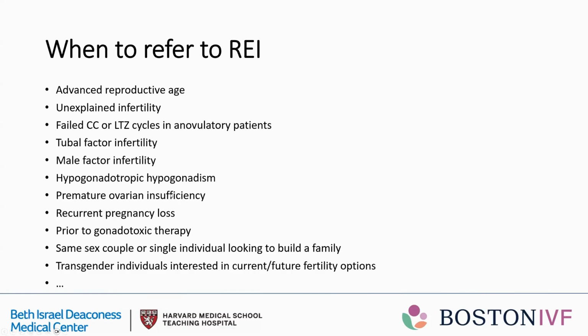Patients with premature ovarian insufficiency, depending where they are, could benefit from donor egg. Patients with recurrent pregnancy loss, and patients that are planned to undergo gonadotoxic therapy, you can refer them to talk about different options for fertility preservation. Same-sex couple or a single individual that's looking to build a family.